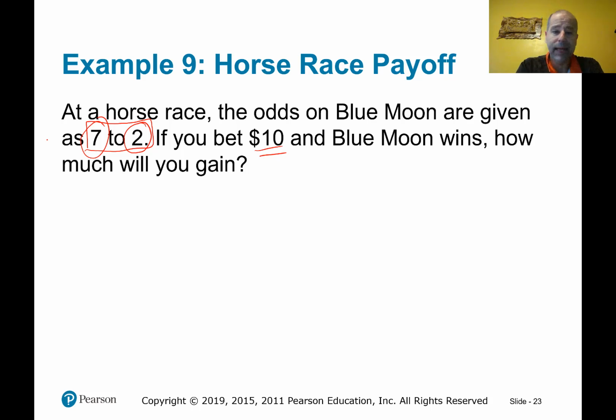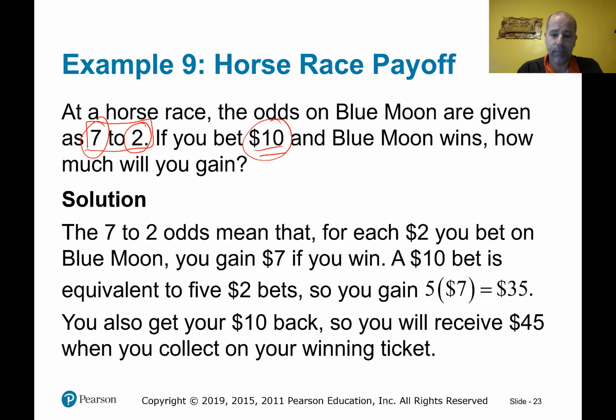So we have to figure out, how does that apply to $10? Well, in this case, how many $2 bets, in essence, are we making? In this case, we're making 5. So $10, if we win, would be $35, right? And that's what this says, right? For every $2 you bet, you're going to gain $7 if you win.